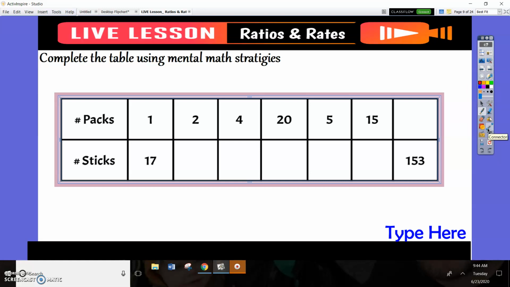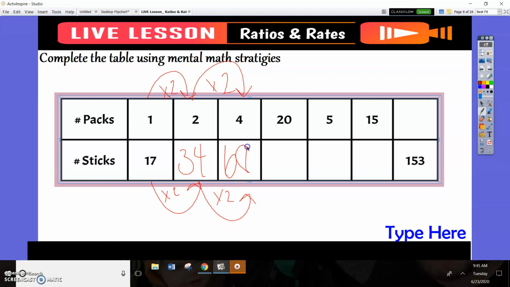I know that 2 packs, so 1 times 2 is 2, and 17 times 2 is 34. So I'm going to have 2 packs with 34 sticks. If I continue to use mental math, I know that 2 times 2 is 4, so 34 times 2, or 34 plus 34, is 68.